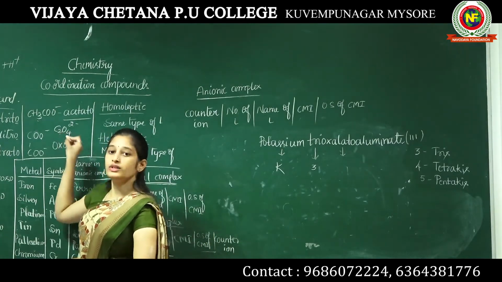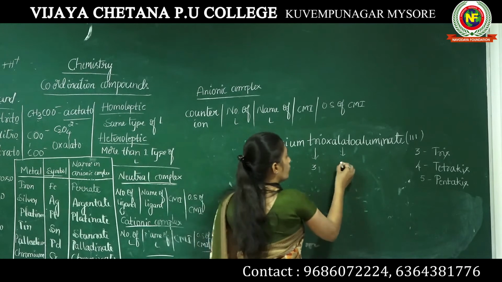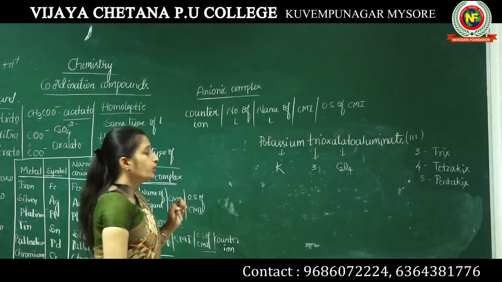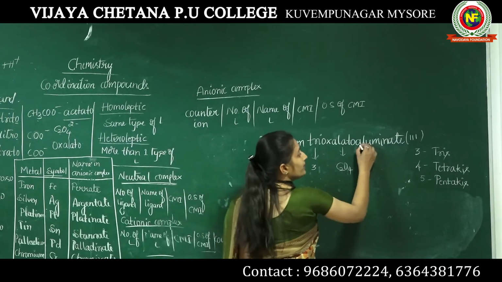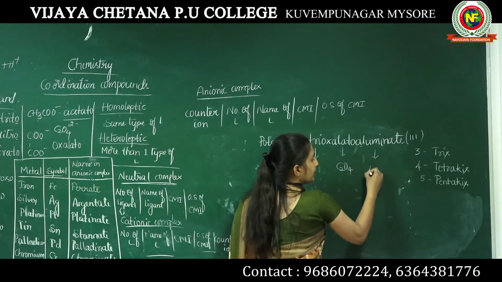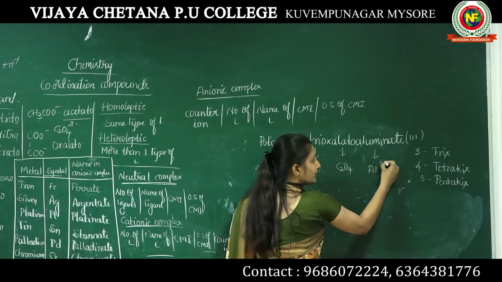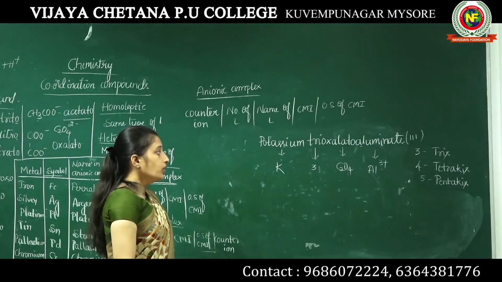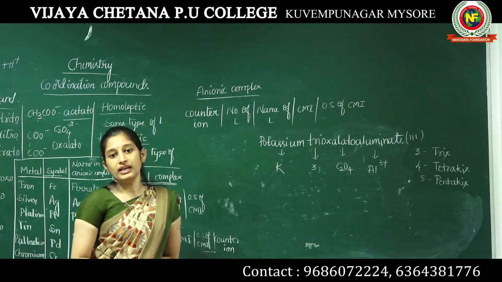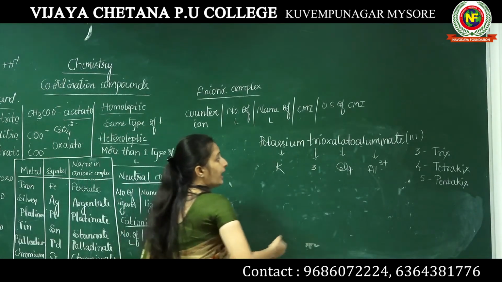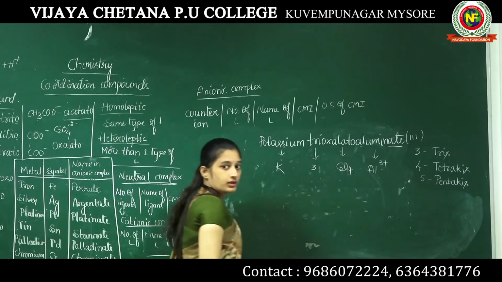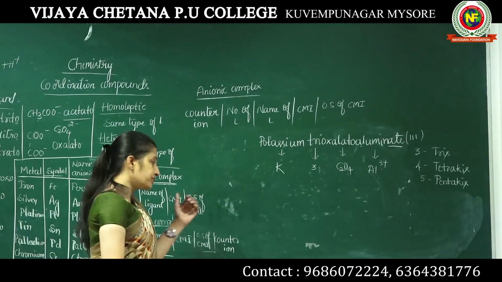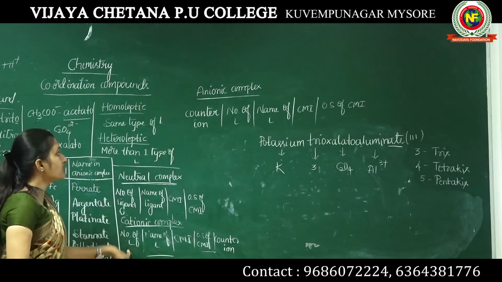How should we write it? C2O4. Correct na? C2O4. And aluminate. Aluminate means Al. Aluminium charge plus 3, oxidation state. Correct na? Now, how to write the formula? The counter ion comes first. Here it is potassium.